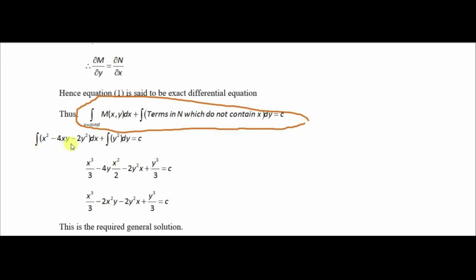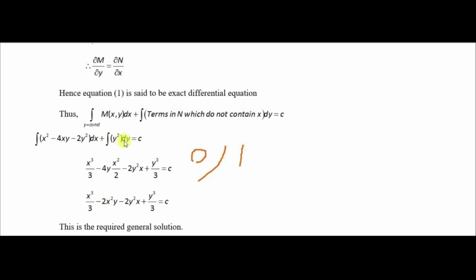So here we write x square minus 4xy minus 2y square dx, and we have to find the terms of N which do not contain x. If you observe N, here x is present, here again x is present. So the only term of N which does not contain x is y square. So we write y square dy is equal to c.